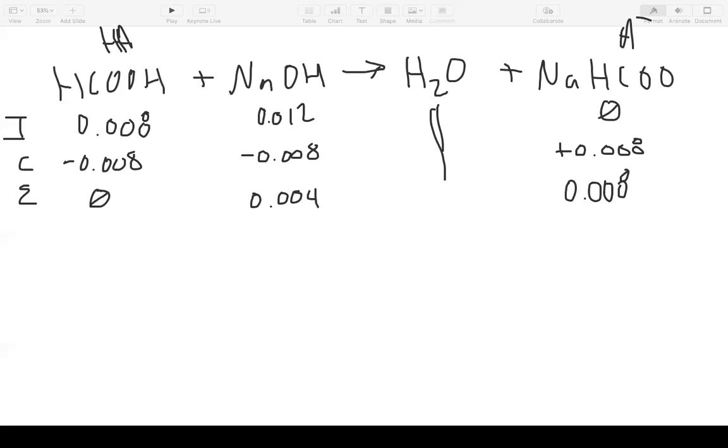And we know NaOH is a strong base, so it dissociates completely into water, so that we end up with Na plus and OH minus. So we have 0.004 here.